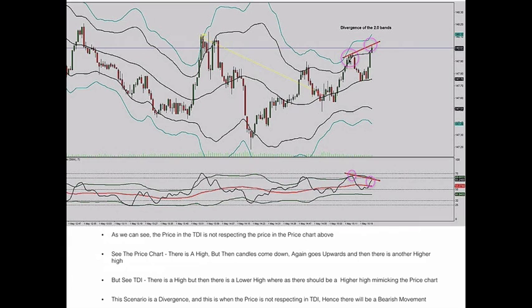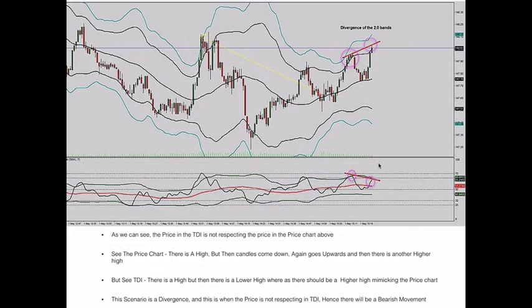Now, as the candles go outside the 2.0 Bollinger Band, which is this band and this one, as these candles go outside the band, they come down and then go again. You can see this is a high that the candles have made, but when it goes down and comes back again, there is a higher high. From this highest point, this point is higher, so this is called the higher high.